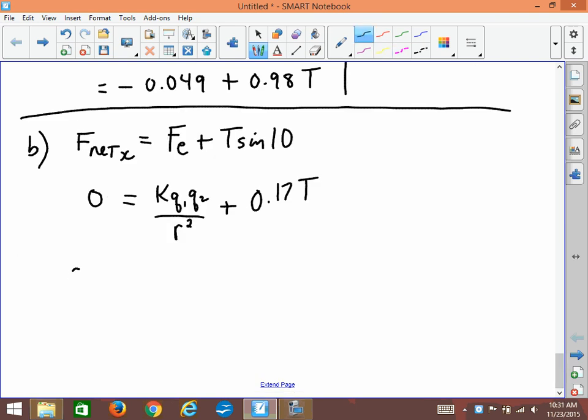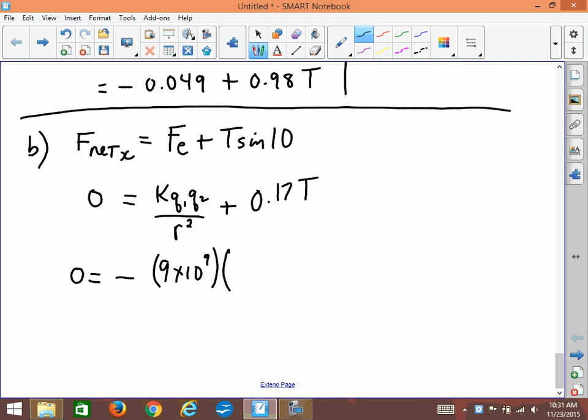So in our next step, we're going to put in the negative sign to show that this is all to the left. 9 times 10 to the 9. The way to think of it is to do the magnitude of this only. I'm not going to put in pluses and minuses for my charges at this point. I'm just going to put in the magnitude of the charges because I've already figured out which direction they're going.